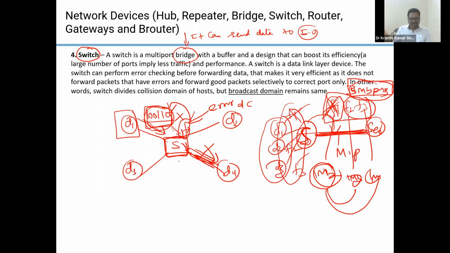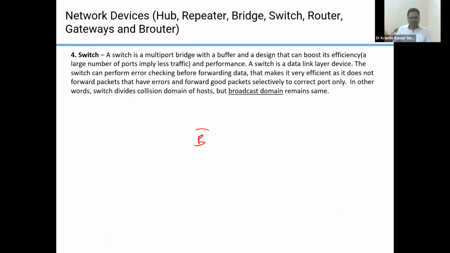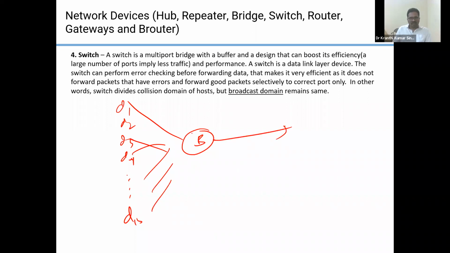If you take a bridge, for a practical example, I will show you one thing. This bridge is connected to device 1, device 2, device 3, device 4, and so on up to device 10. It doesn't have filtering. A bridge doesn't take care whether the frame is damaged or not, it simply sends all those packets to the destination.